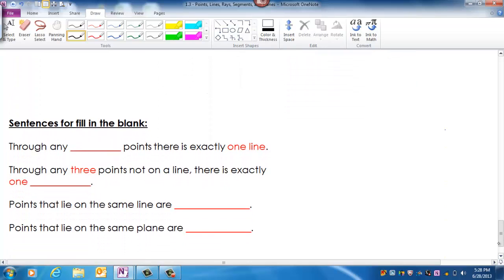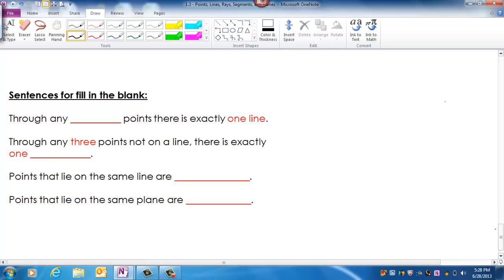Let's just do a little recap with these fill-in-the-blank sentences. Okay, so the first one, through any blank points, there is exactly one line. Well, it's key to know that you need 2 points to make a line. Second one, through any 3 points not on a line, there is exactly one plane.